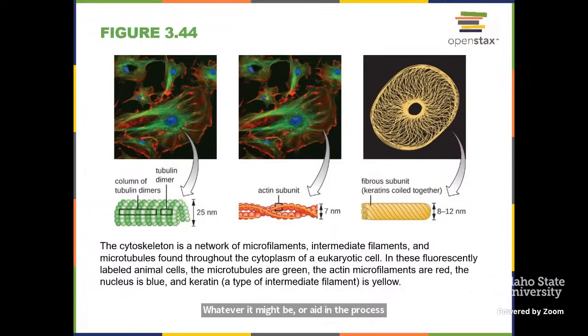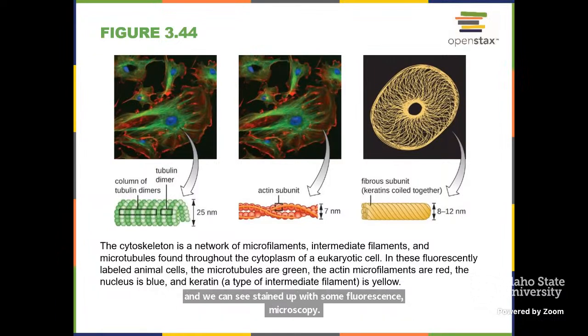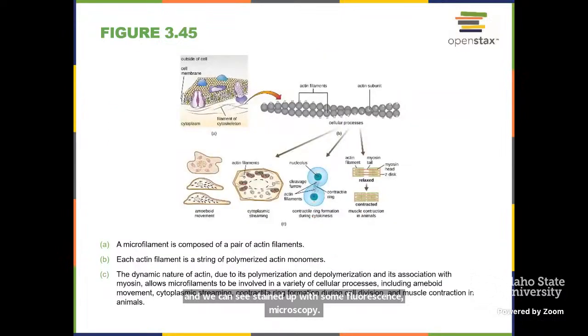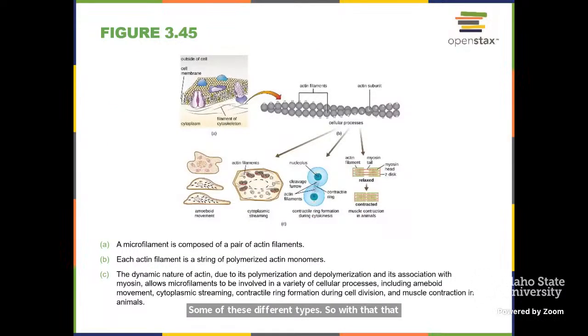And we can see stained up with some fluorescence microscopy, some of these different types. So with that, that also gives us some opportunities for these cells to move. Maybe a white blood cell or an amoeba, as we see the amoeboid movement, by pushing out their cytoplasm and pulling themselves through their environment on these pseudopods, right?